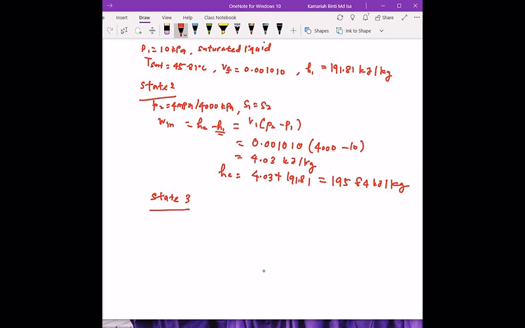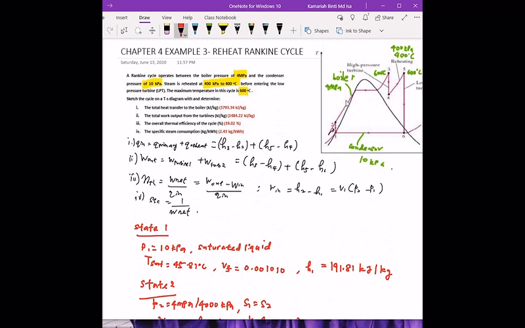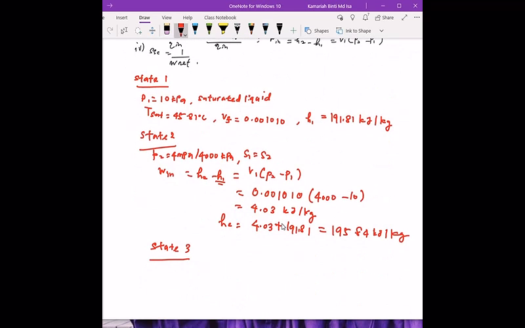Okay, next at state 3. At state 3, it is supposed to be superheated vapor. First, if we want to check, at point 3 the pressure is still the same as point 2, so 4 megapascal or 4000 kilopascal. The temperature is the maximum temperature, which is 600 degrees Celsius.